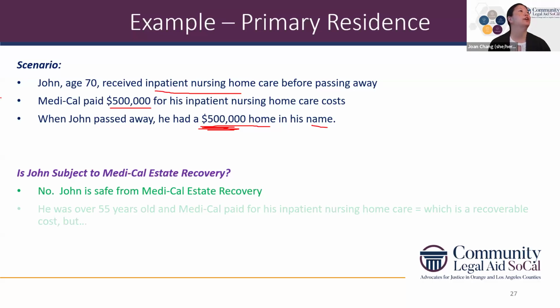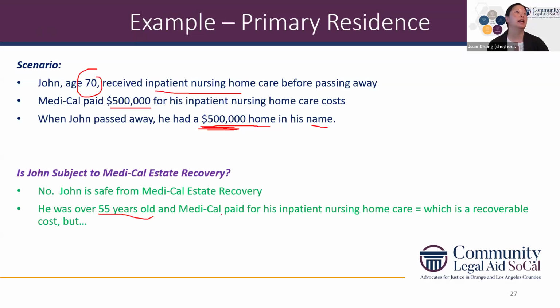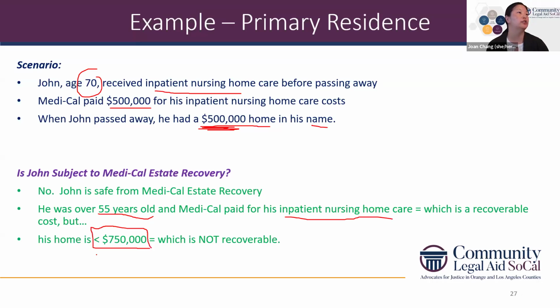Let's break it down. He is technically over 55, that range we were talking about. He is 70. And Medi-Cal did pay for his inpatient nursing home care. Again, this is technically a recoverable cost, but his home is technically less than $750K. This is that new law that we just talked about that went into effect after April 1 of last year.